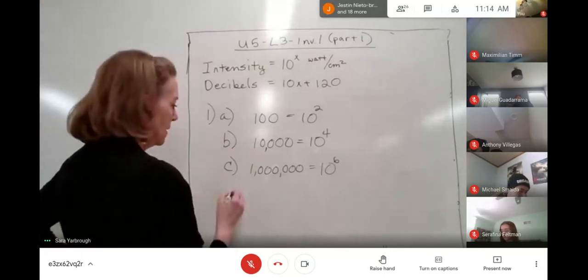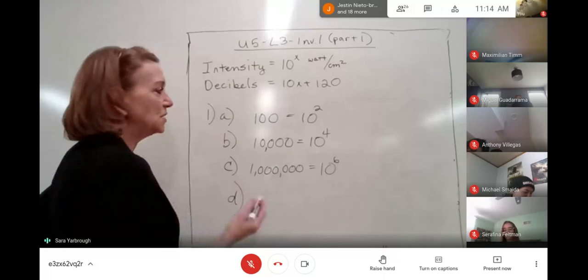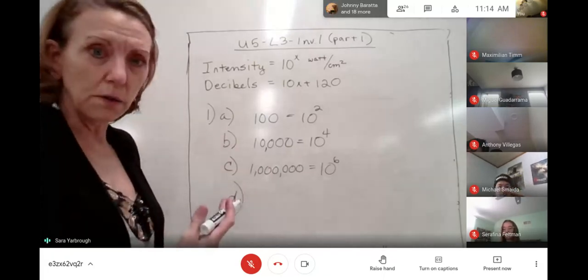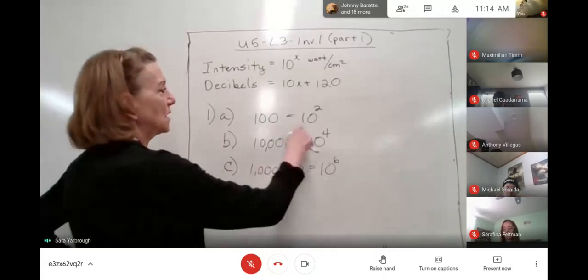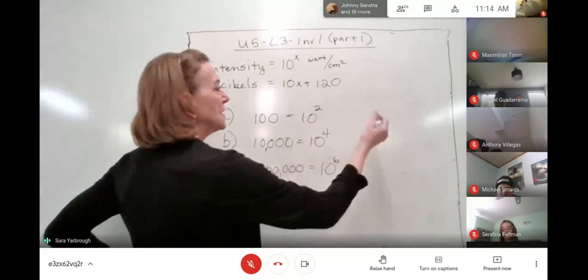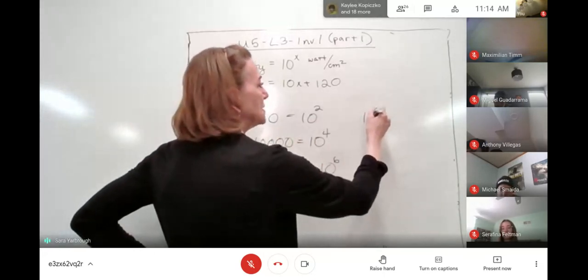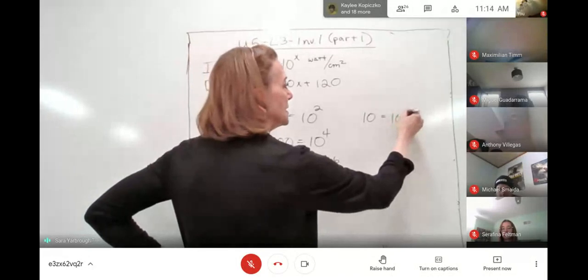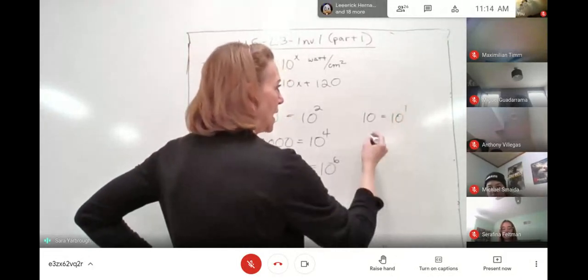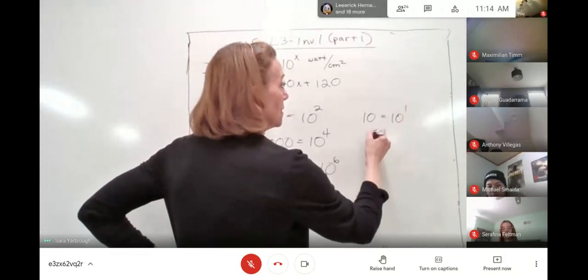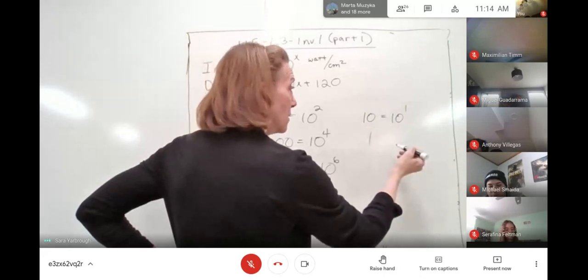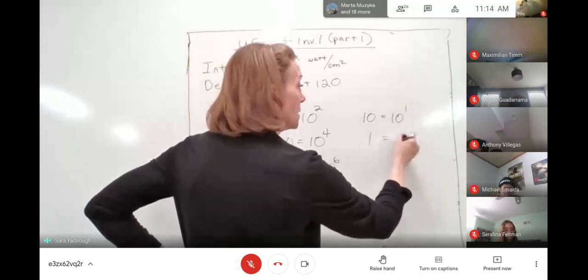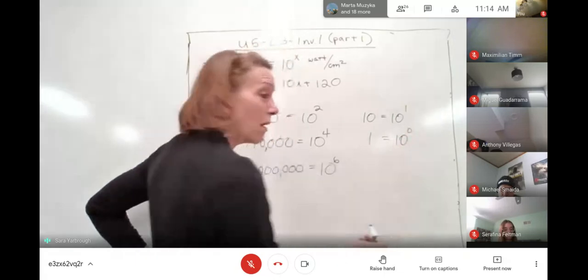Now on D, what we want to do is get smaller. Let me illustrate something for you. If 100 is 10 squared, then 10 is going to be 10 to the first, and 1, no zeros at all, is going to be 10 to the 0.